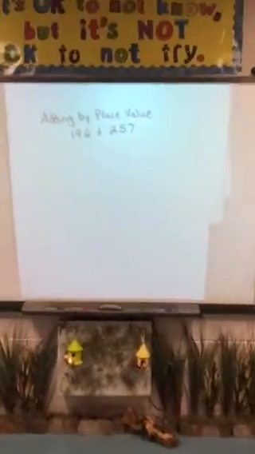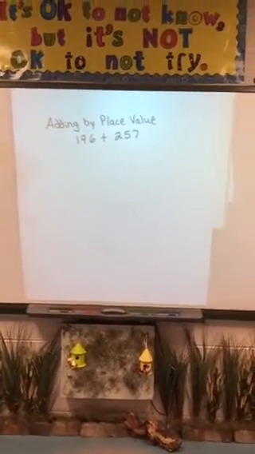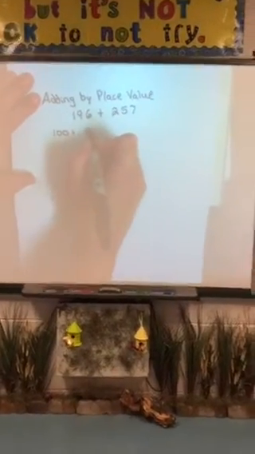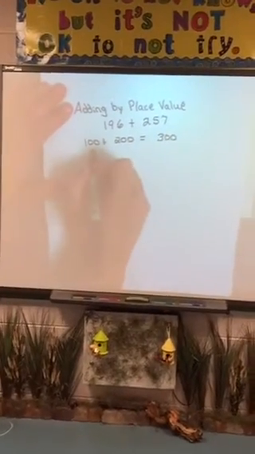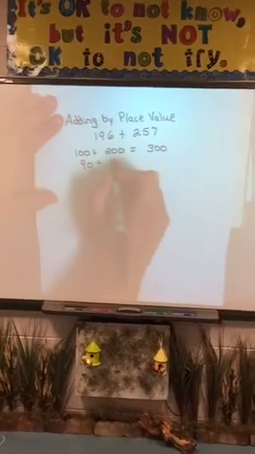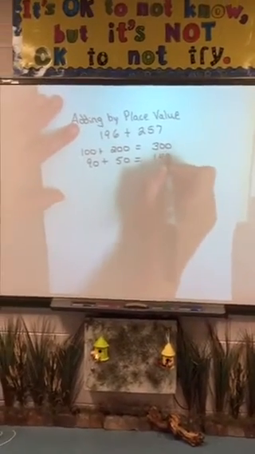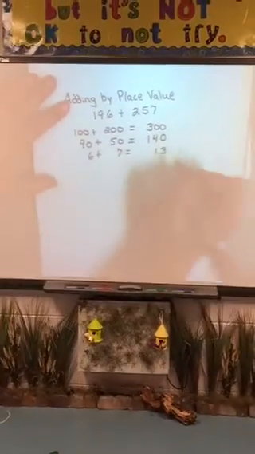Adding by place value means I'm going to add all my hundreds together, my tens together, my ones together. So 100 plus 200 equals 300. 90 plus 50 equals 140. And then 6 ones plus 7 ones equals 13.